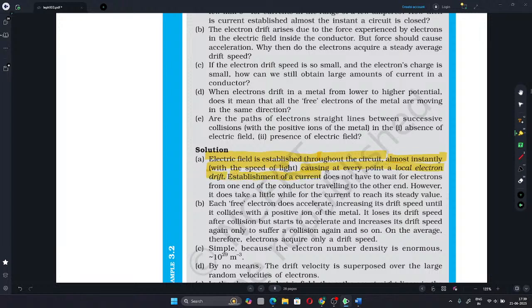Establishment of a current does not have to wait for electrons from one end of the conductor traveling to the other end. However, it does take a little while for the current to reach its steady value.